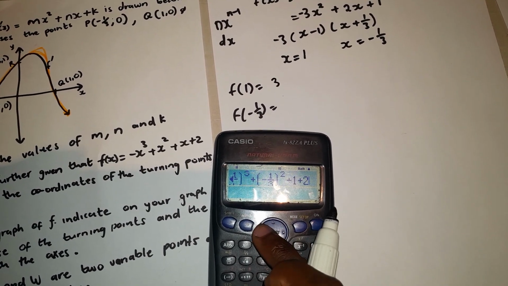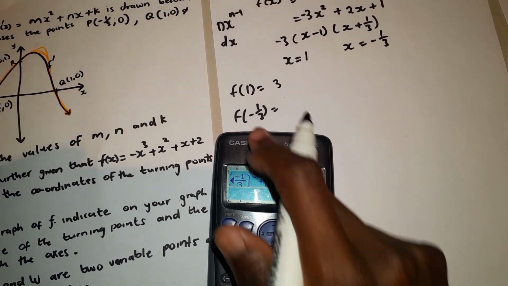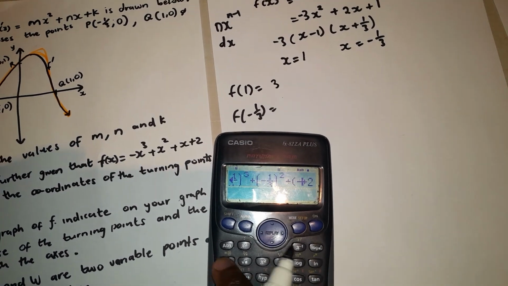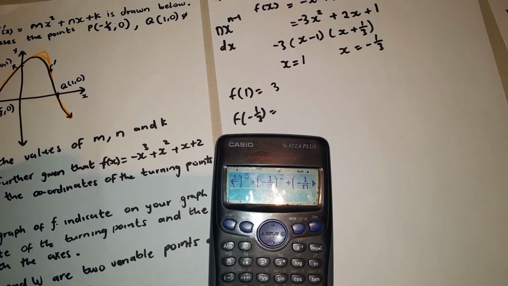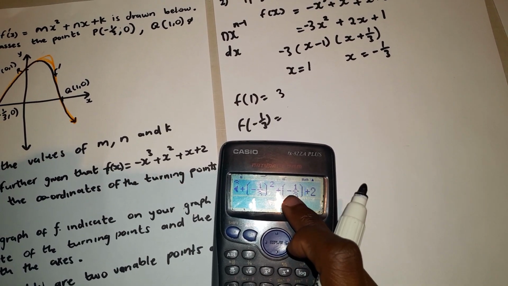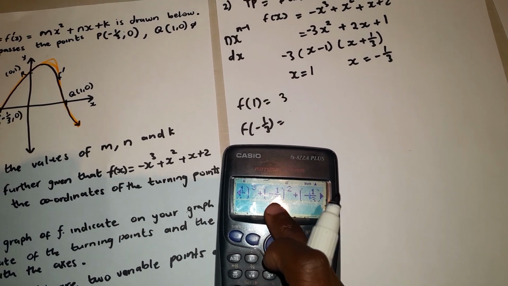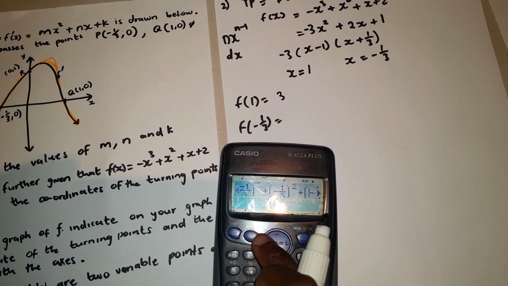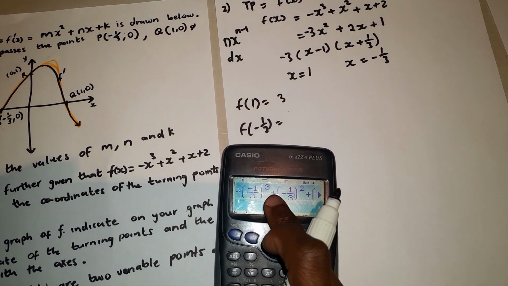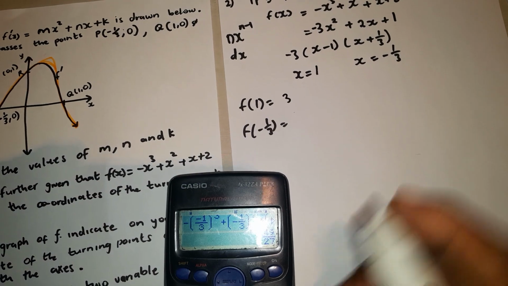And x, I'm just going to put it inside brackets because it's a negative 1/3. It's negative 1/3 squared, okay, everything is correct.